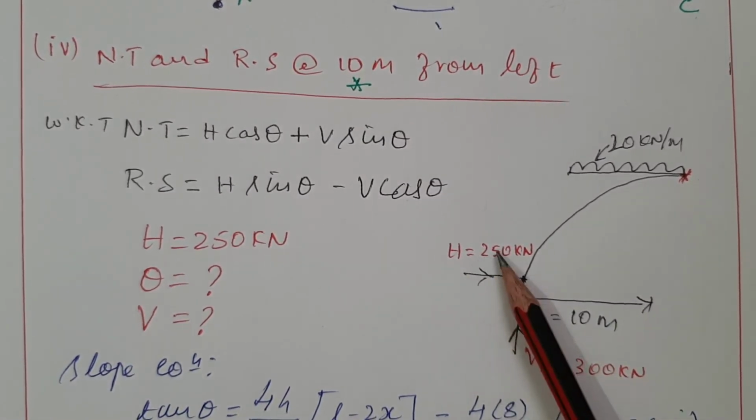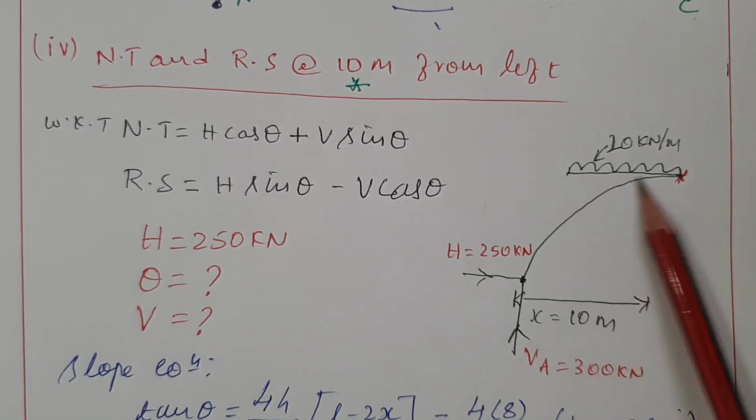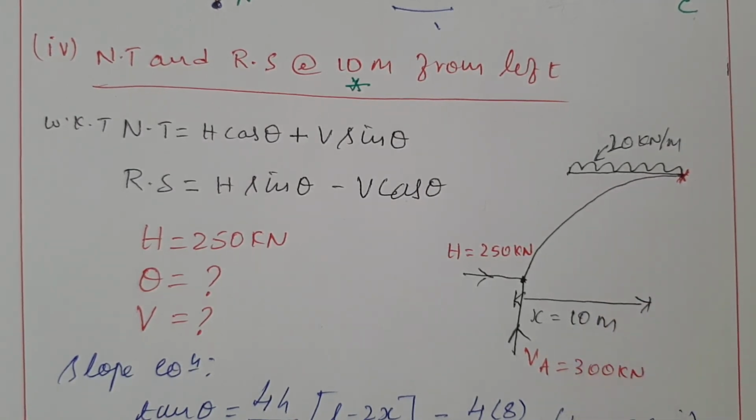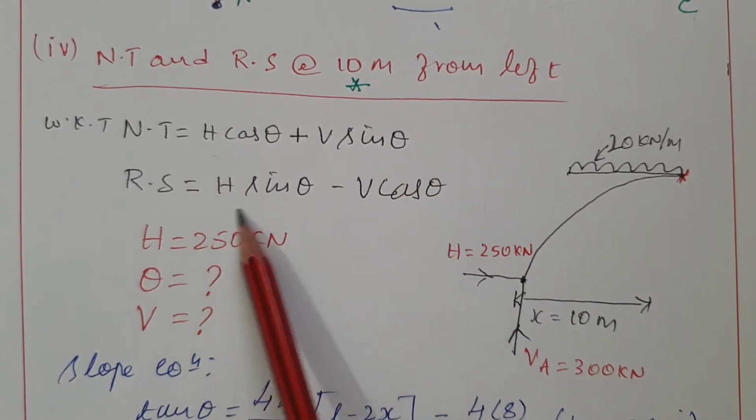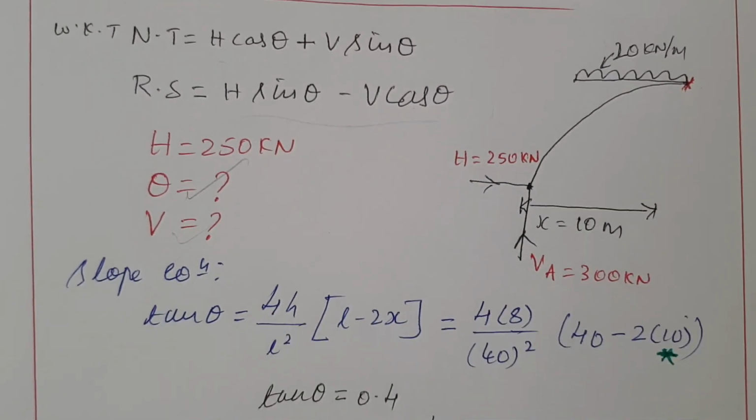We have horizontal force 250, vertical 300 kilonewton, and a UDL of 20 over a length of 10 meter. In the normal thrust and radial shear formulas, we know the formulas; the unknowns are theta as well as V, the vertical shear.